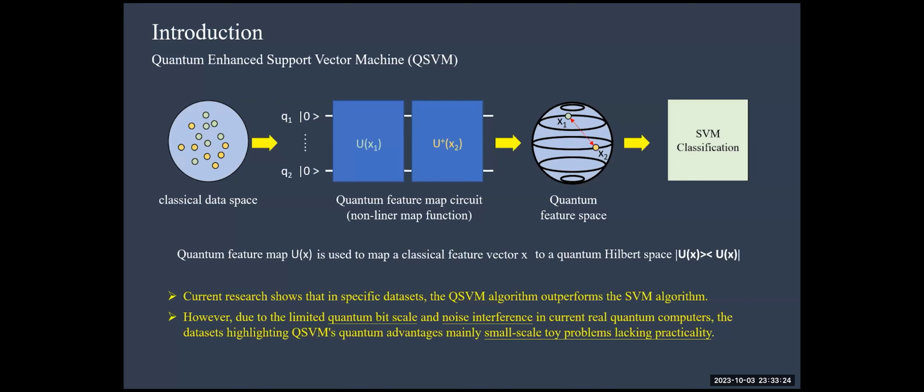However, due to the limited quantum bit scale and noise interference in current real quantum computers, the datasets highlighting QSVM's quantum advantage are mainly small-scale problems, which limits its practicability.